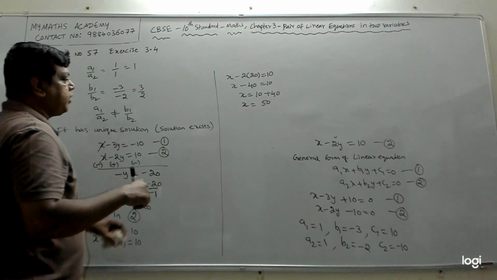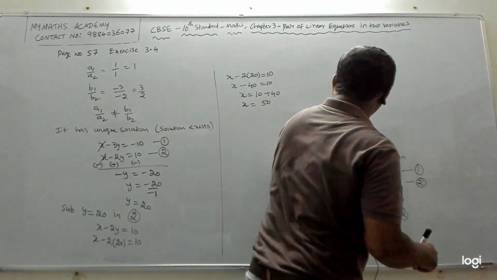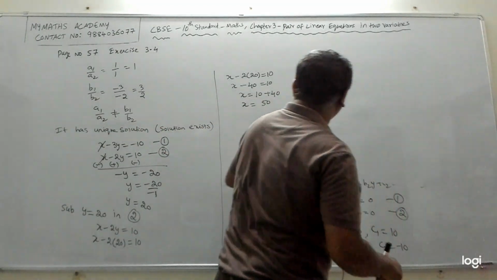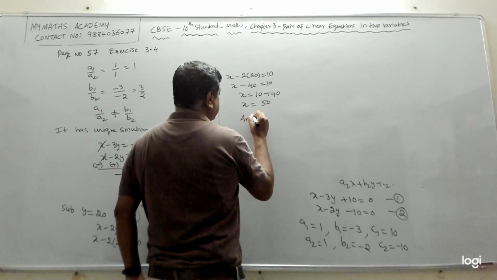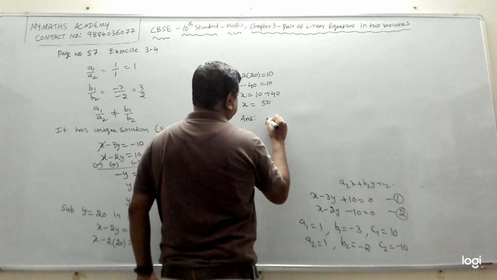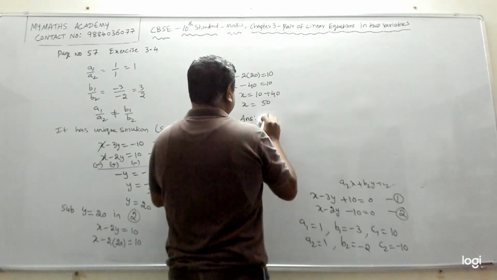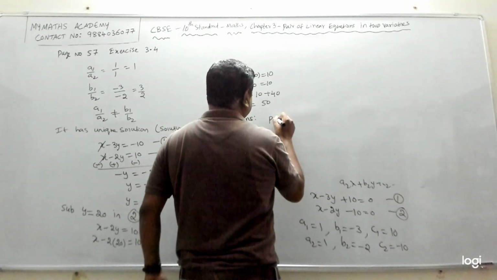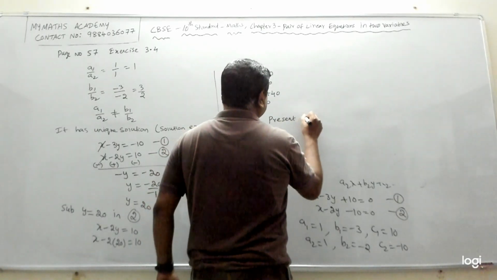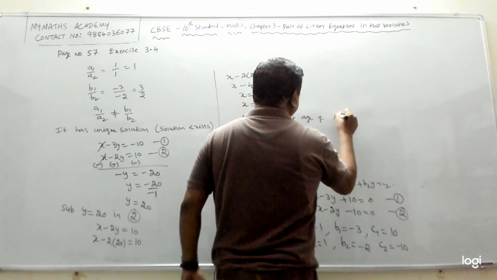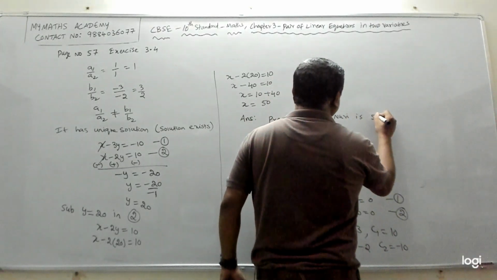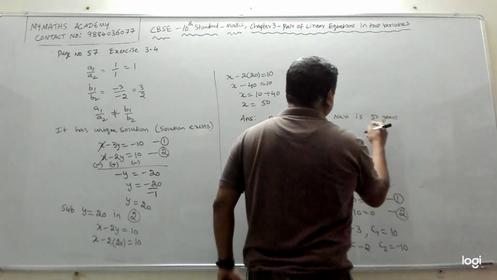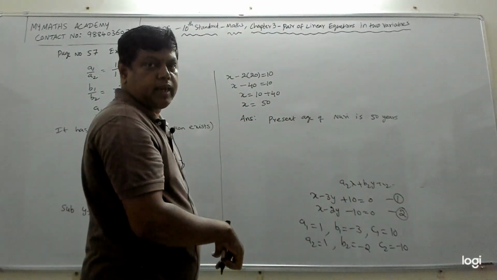X becomes 50. So we have found x and y, which means we have found the ages of Noori and Sonu. So finally we'll write the answer: present age of, okay, that's very important, present age of Noori is 50 years. We defined Noori's age as x, right?